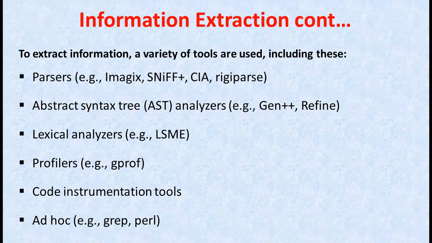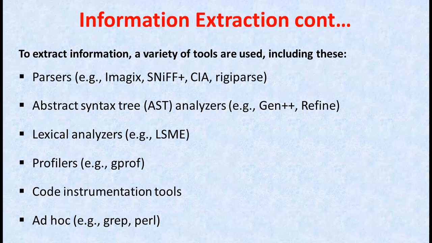Typically, however, it is possible to save the internal representation to obtain a view. AST analyzers do a similar job, but they build an explicit tree representation of the parsed information. So we can build analysis tools that traverse the AST and output selected pieces of architecture relevant information in an appropriate format.